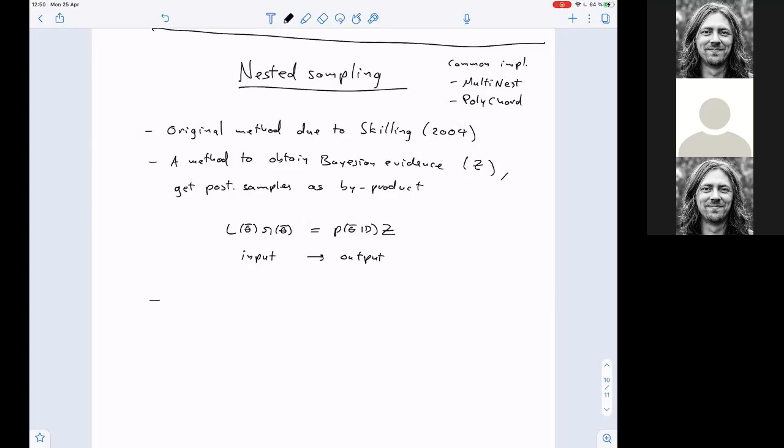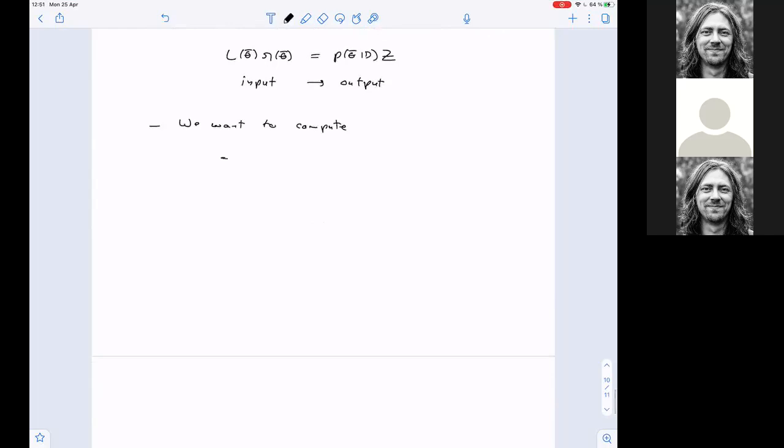And so we want to compute the evidence, which is the high-dimensional integral of likelihood times prior over some high-dimensional parameter space. I'll just give this equation a name, Z. But high-dimensional integrals are hard.